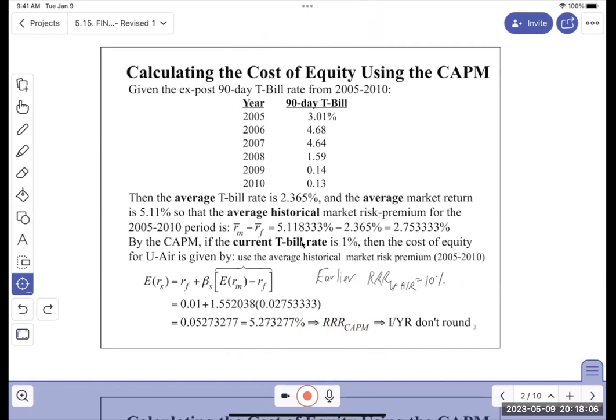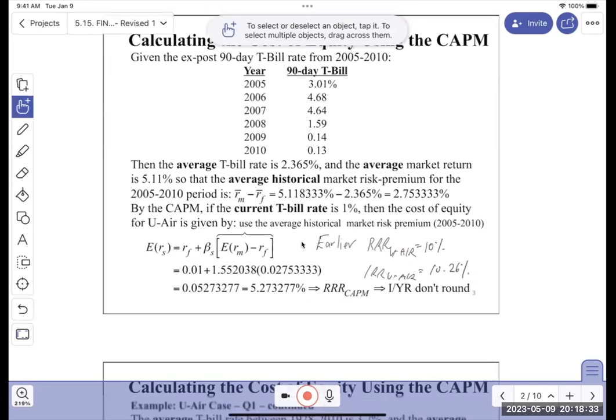And if you remember, the IRR that we calculated was 10.26. So it means that this is an estimated return on the investment, and it exceeds 10%. So if it exceeds 10, it's obviously going to exceed 5. So nothing's going to change in terms of pursuing the project or not.